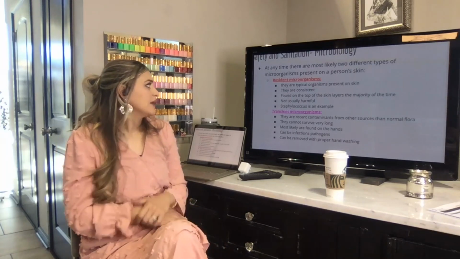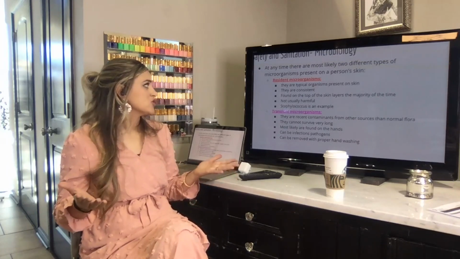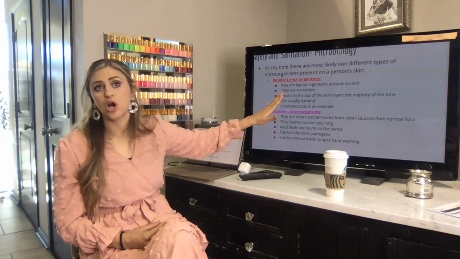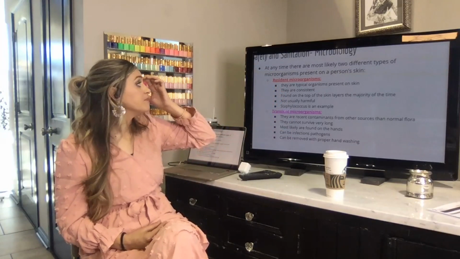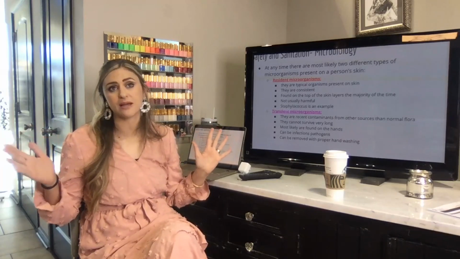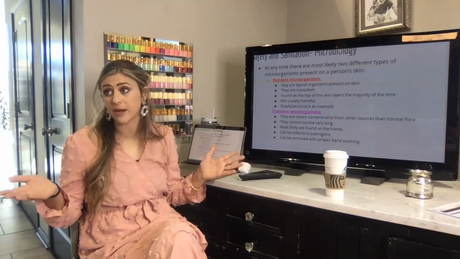So at any time in our everyday life, we have potential to have both of these present on our bodies. Our skin's job is to keep bacteria and sickness out of our bodies. It's a really, really good barrier.